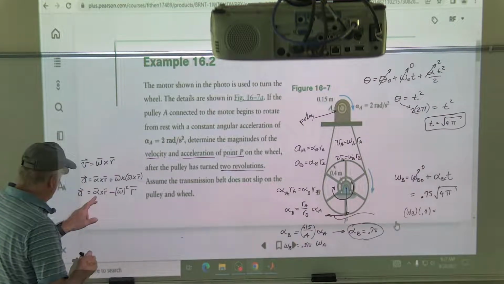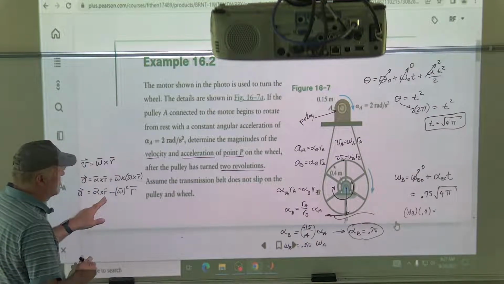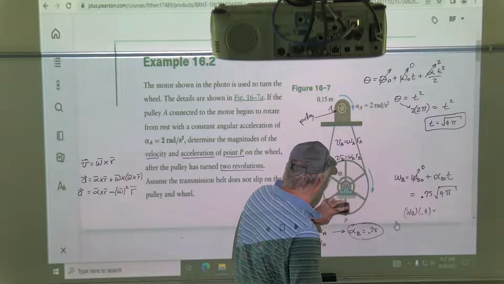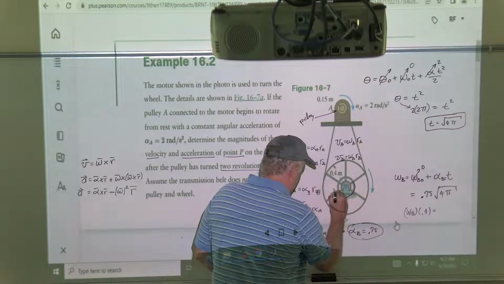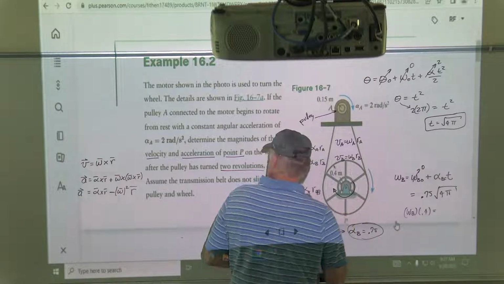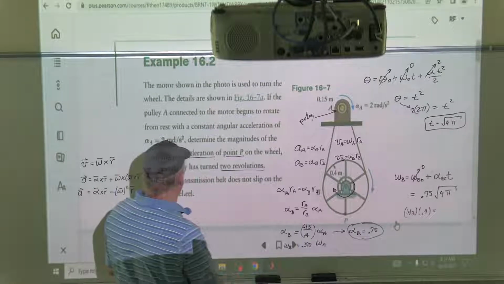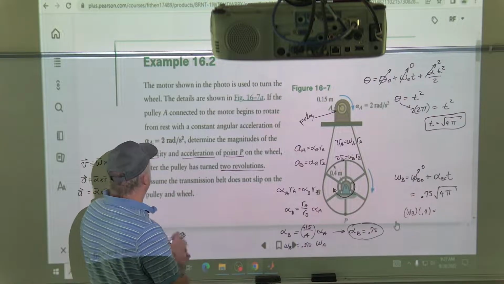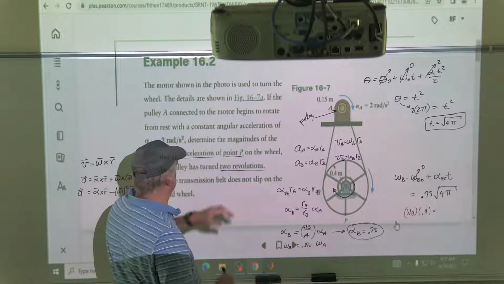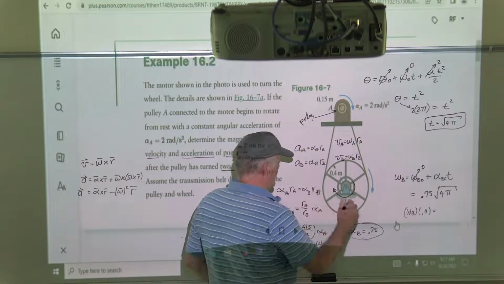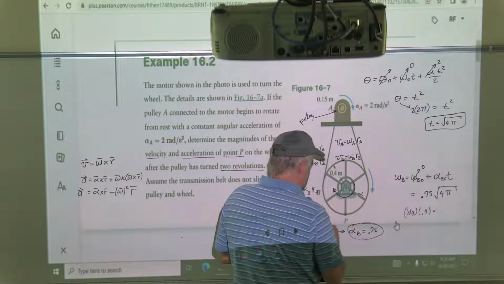The other one you've got to be very careful about. Okay, alpha cross r. We're going to assume the same thing. Did he say it was accelerated? It had to be accelerated because it started from 0. Constant angular acceleration. So if you start it, he's got to start this way, so your alpha is going this way.